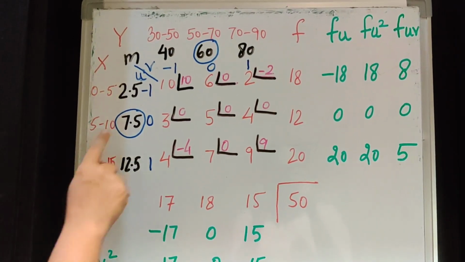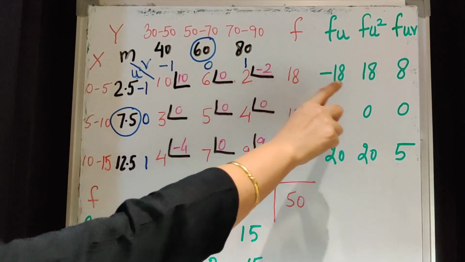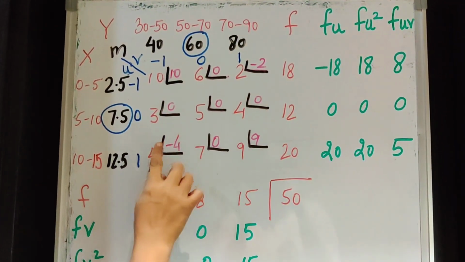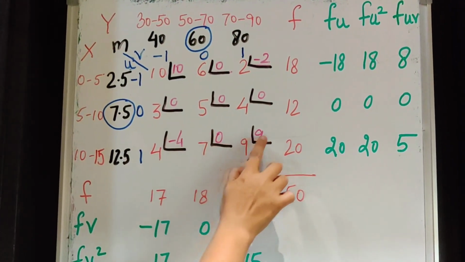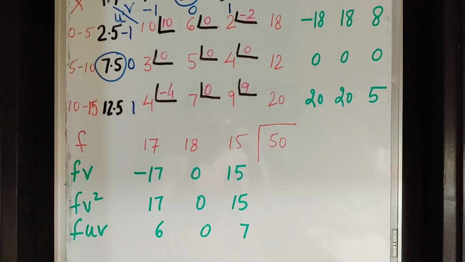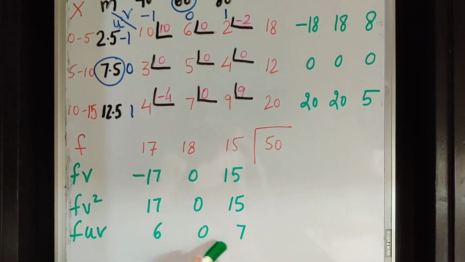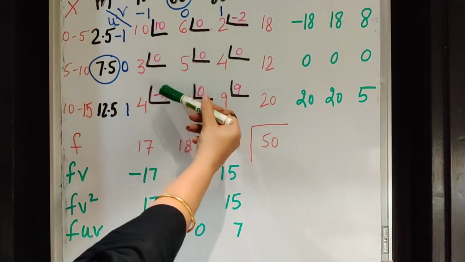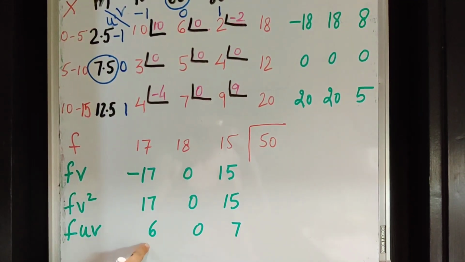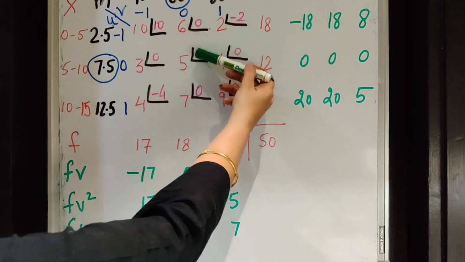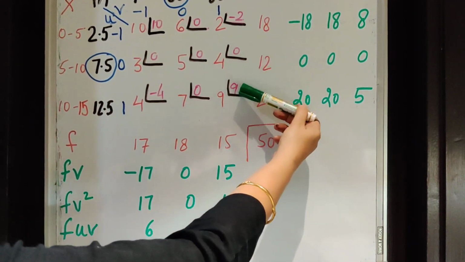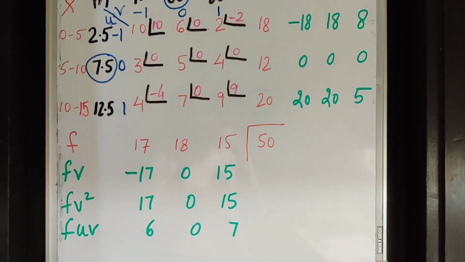So on adding 10, 0 and minus 2 I get 8. On adding 0, 0 and 0 I get 0. On adding minus 4, 0 and 9 I get 5. When I find FUV row I get 6 because 10, 0 and minus 4 are added together. When I add 0, 0 and 0 I get 0. When I add minus 2, 0 and 9 I get 7.